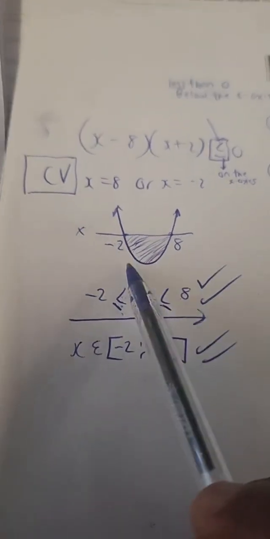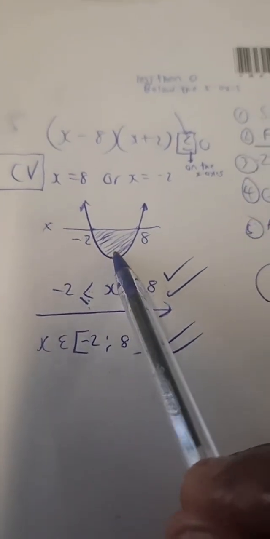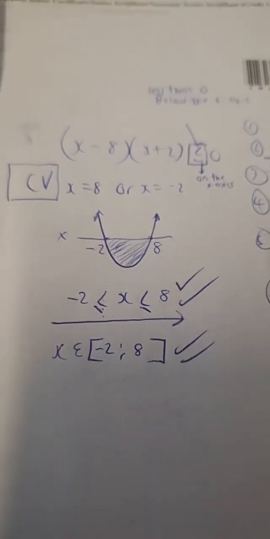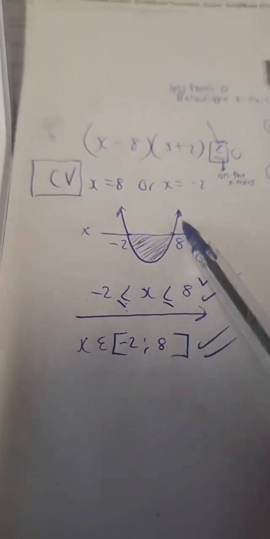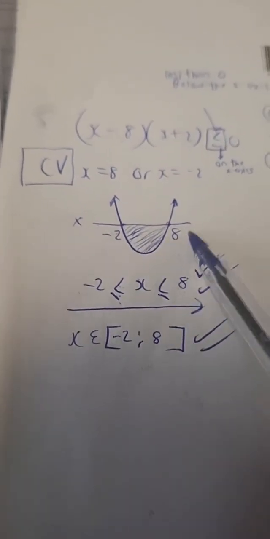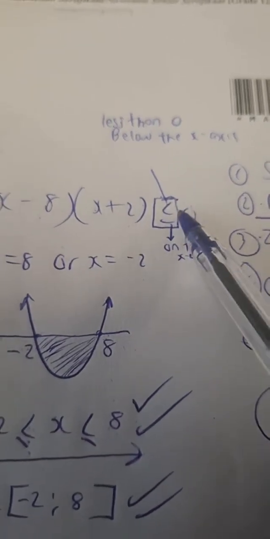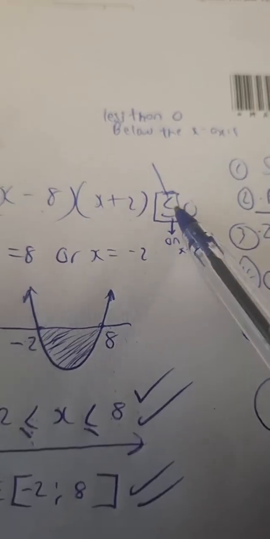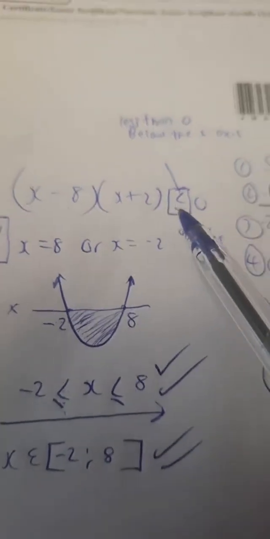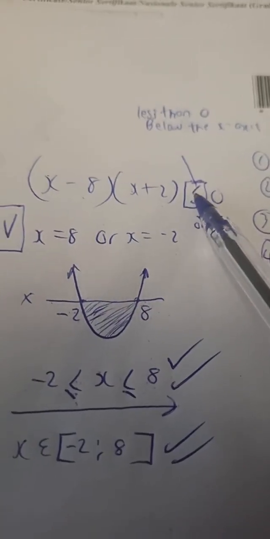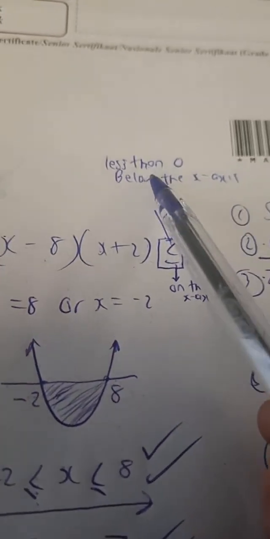Okay? Then what do we do, guys? What do we do now that we are here at this stage? What we then do is we draw the graph through the critical values, and then we come here and we interpret what does the inequality mean at that factor stage. What does this inequality mean? What does less than 0 mean?